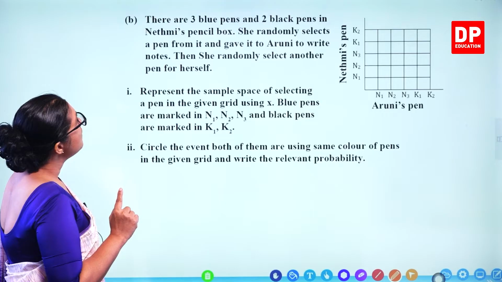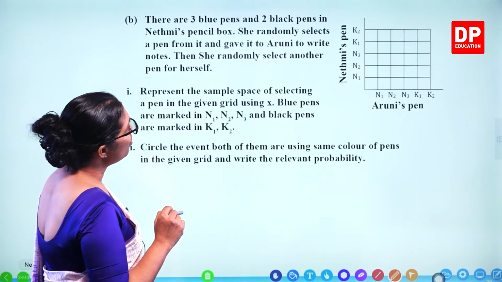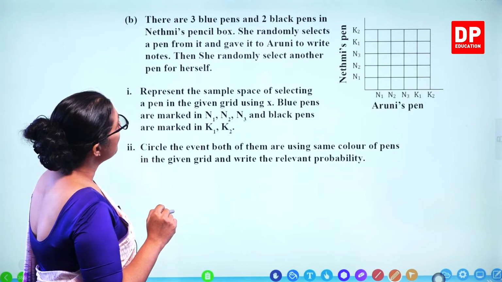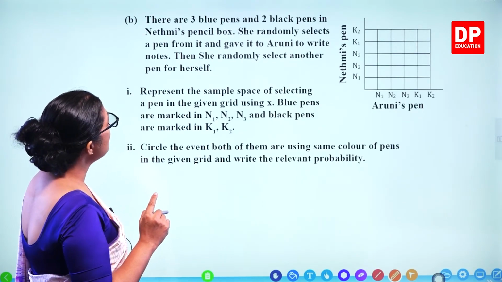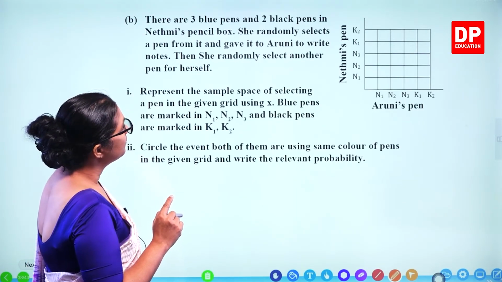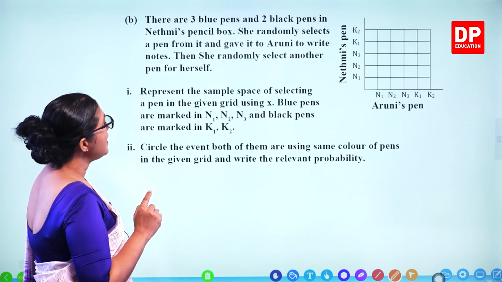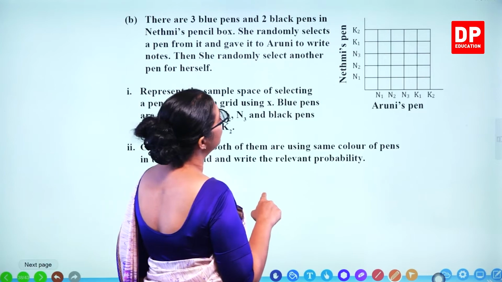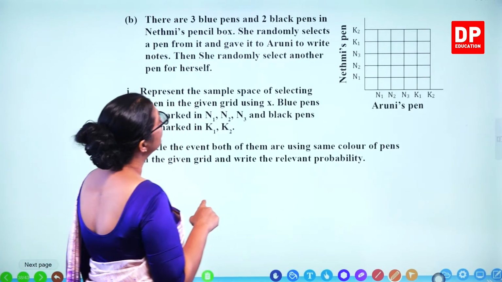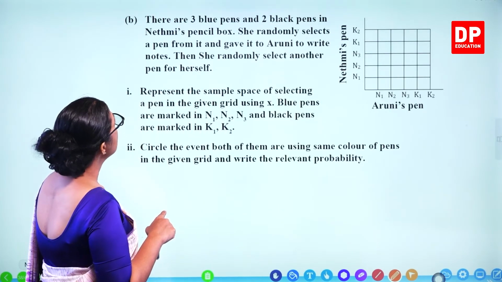Part B. There are 3 blue pens and 2 black pens in Netmi's pencil box. She randomly selects a pen from it and gave it to Aruni to write notes.